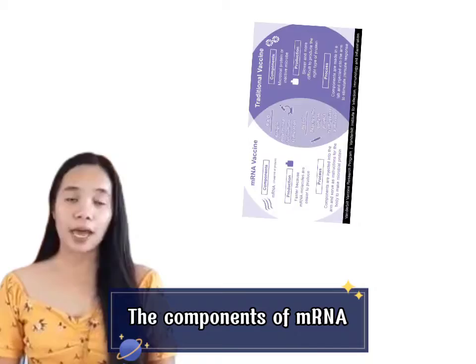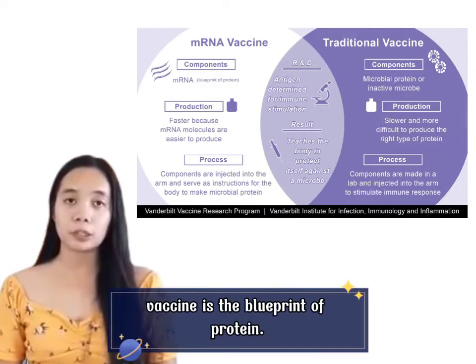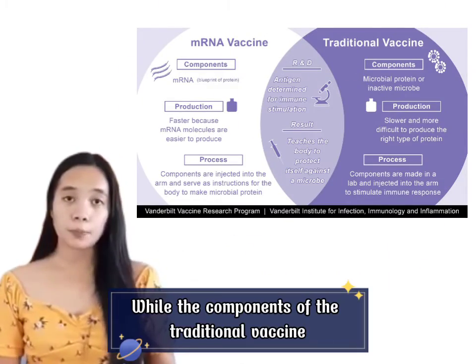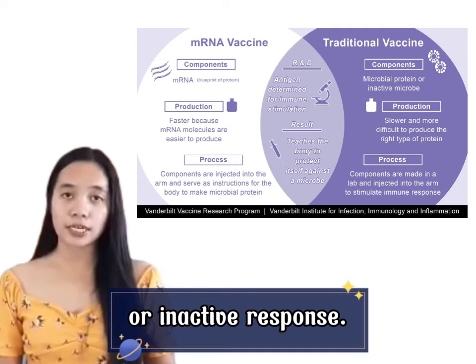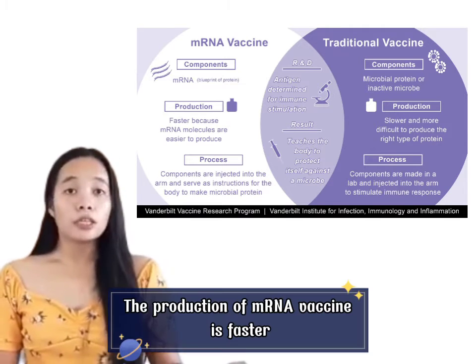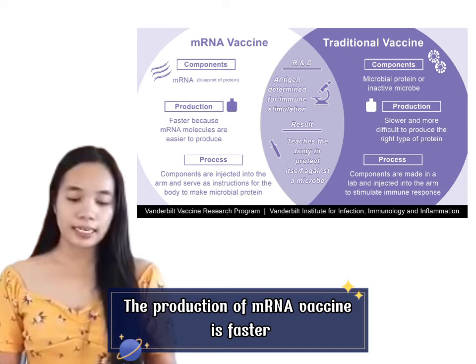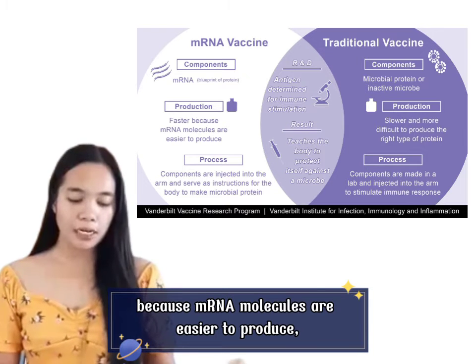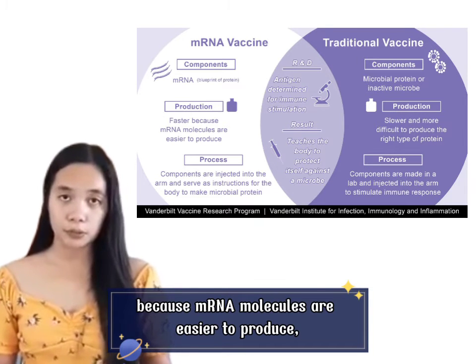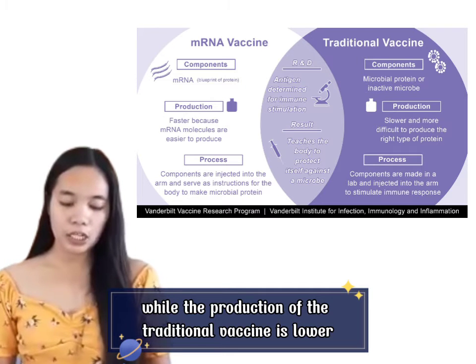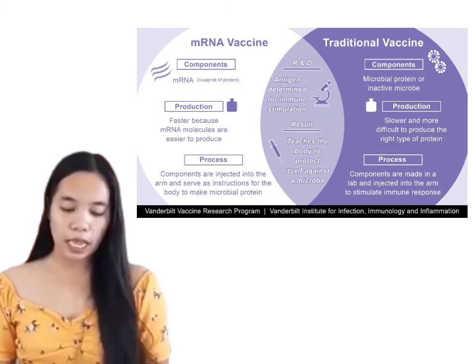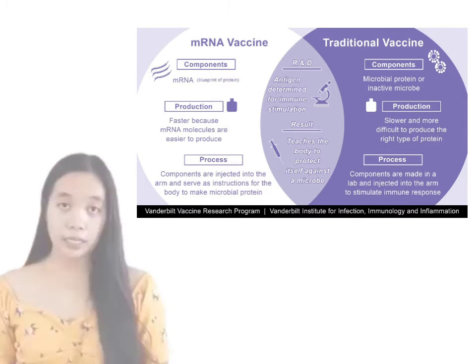Here are the differences and similarities of the vaccines. The component of the mRNA vaccine is the blueprint of protein, while the component of the traditional vaccine is the microbial protein or inactive response. The production of mRNA vaccine is faster because mRNA molecules are easier to produce, while the production of a traditional vaccine is slower and more difficult because it is hard to produce the right type of protein.